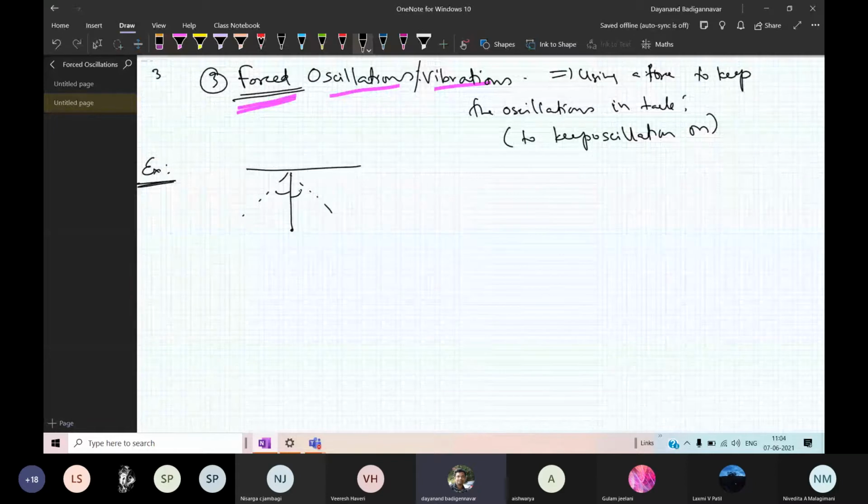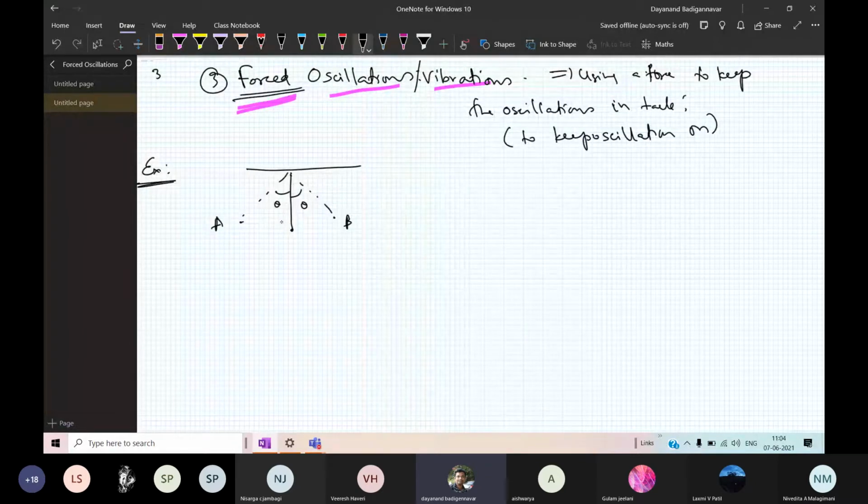It is actually a pendulum, oscillating between point A and point B. After some time you get bored, so you ask your friend to help you oscillate. Your friend comes and applies the force at regular intervals. Once your friend keeps applying the force, you keep swinging.